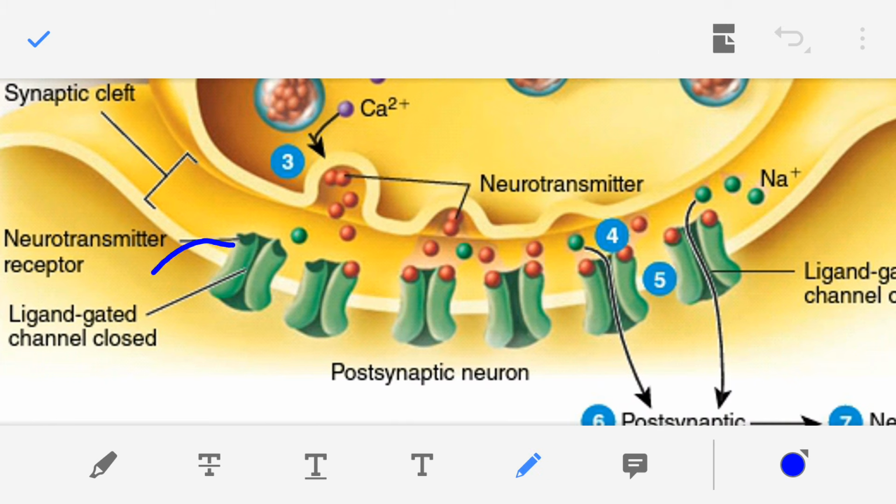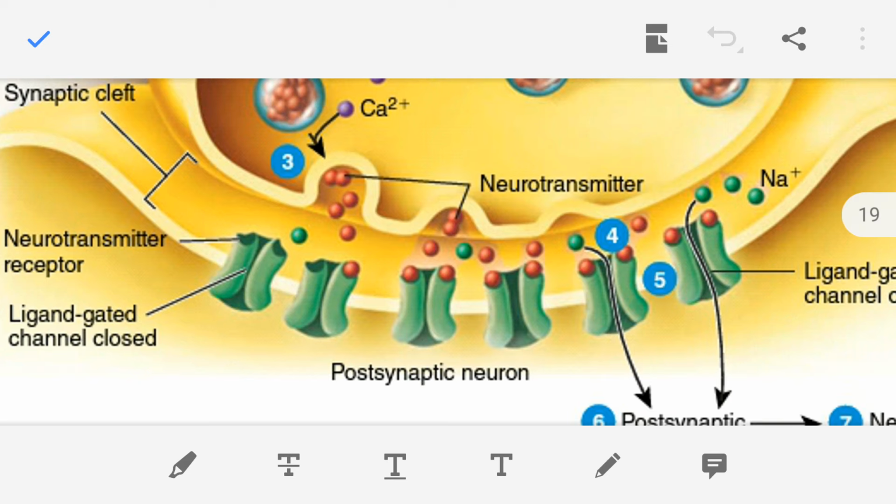As you can see, small pits, and these small pits are acting as neurotransmitter receptors. The neurotransmitter joins with this receptor. So once the neurotransmitter acetylcholine joins this receptor, what happens? This ligand gated channel opens.